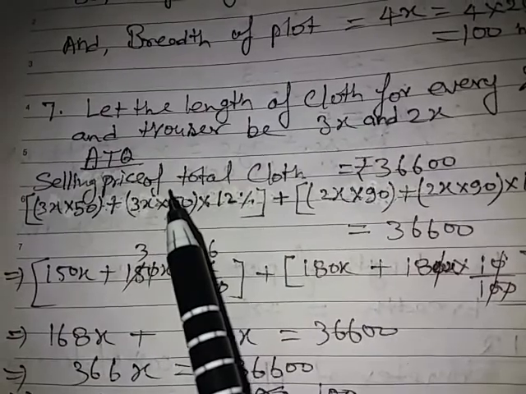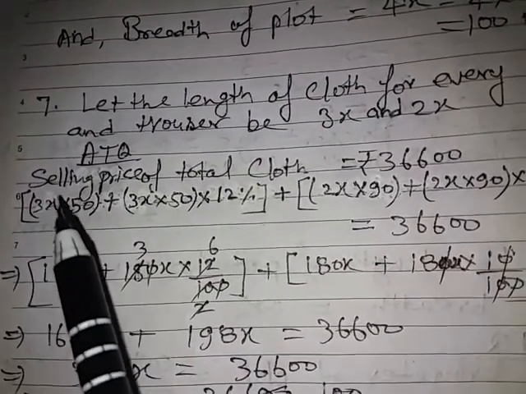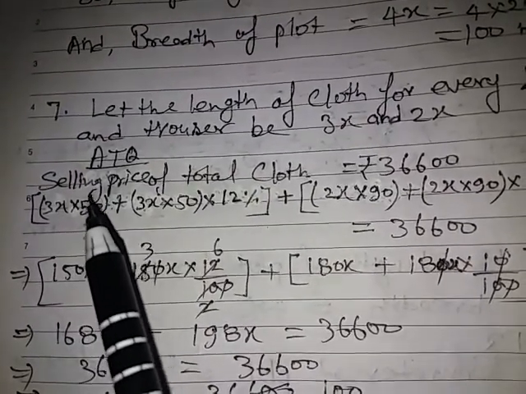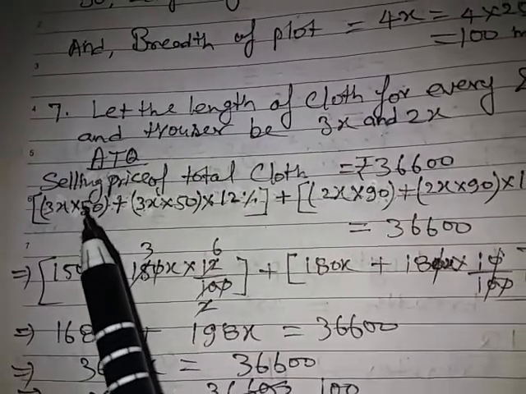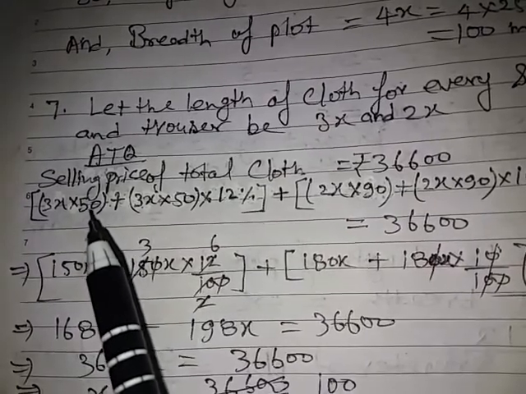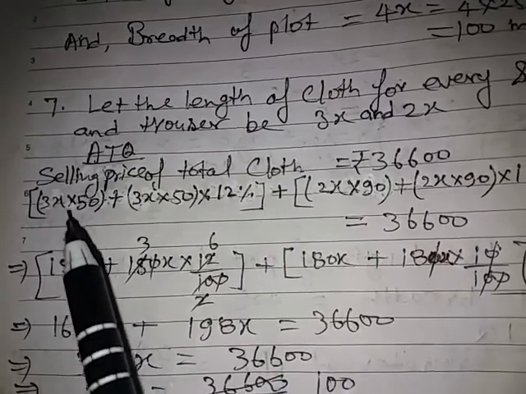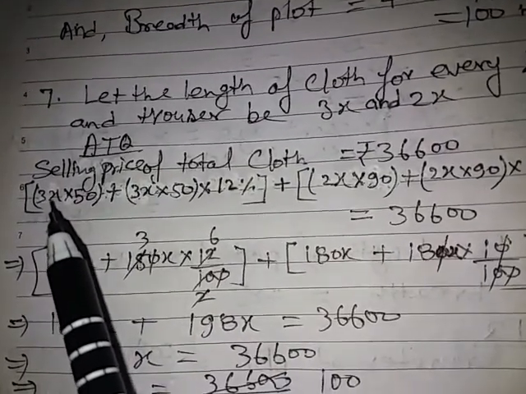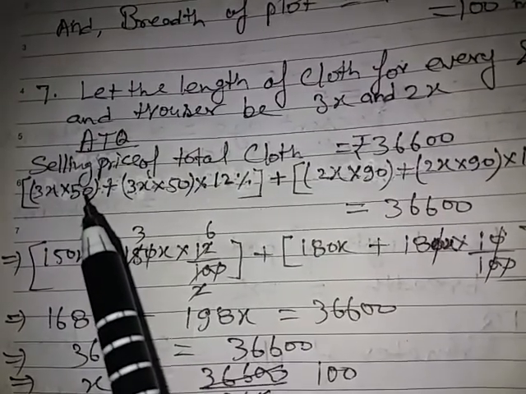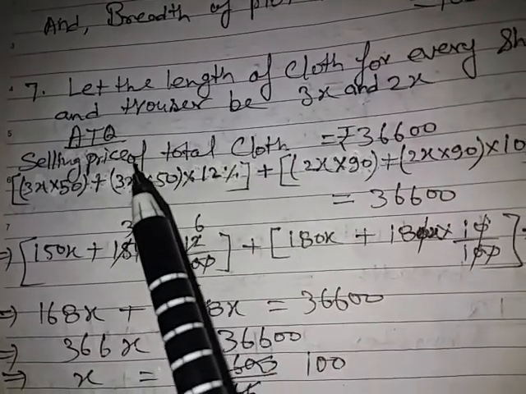So we can write 3x into 50. 3x is the length of the shirt cloth and the rate per meter of shirt cloth is 50. To find the cost of the cloth, we multiply 3x into 50, plus profit, 12% of the cost price.